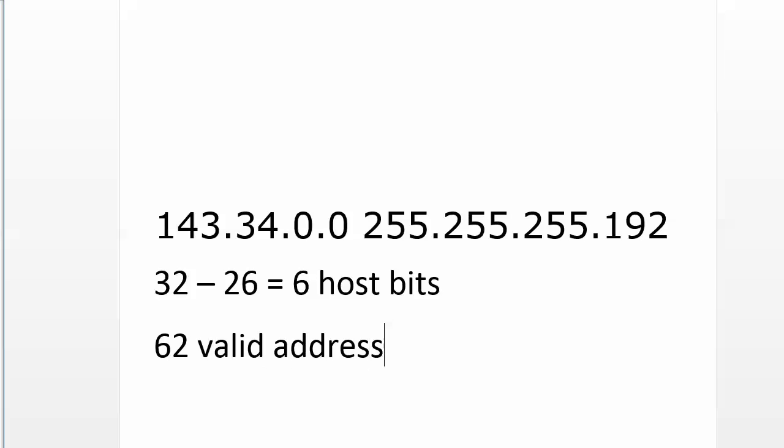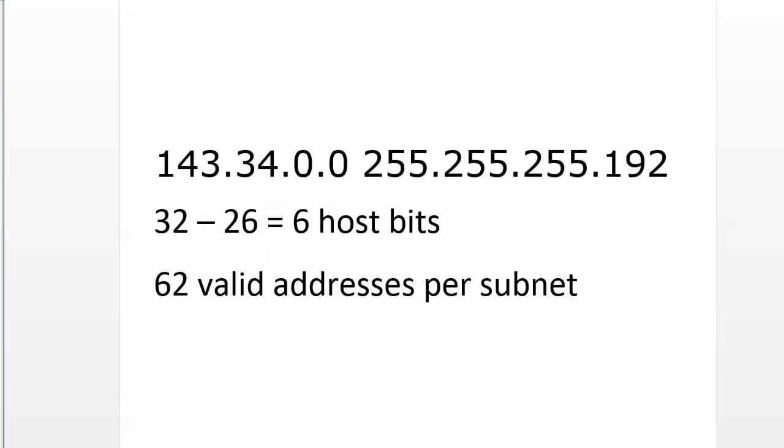So it's 8, 8, 8, 2: /26. So that would be 32 minus 26 to get the number of host bits. And then 2 to the 6th power: 2, 4, 8, 16, 32, 64, minus 2, 62 valid addresses per subnet.